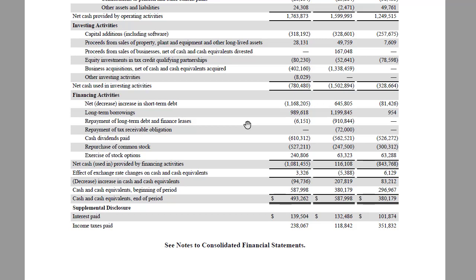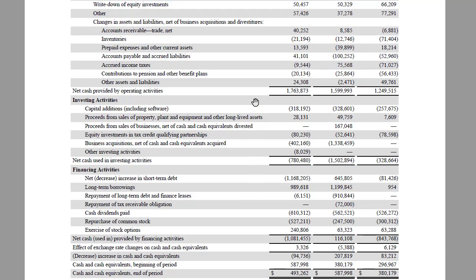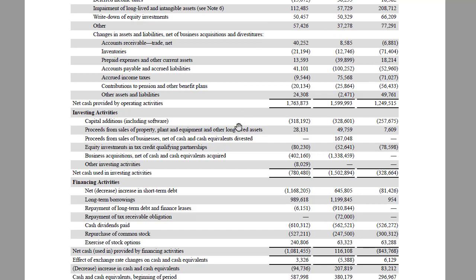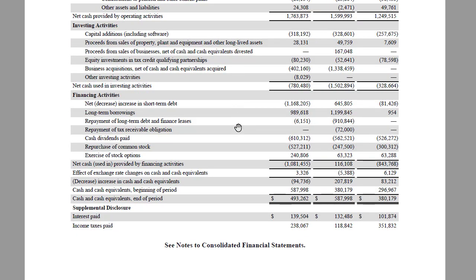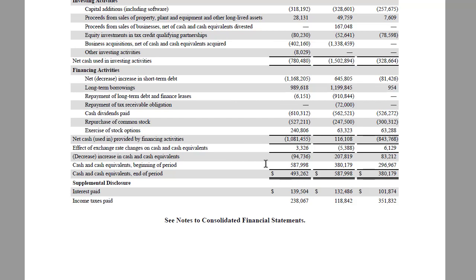And then finally, the financing activities here. You can almost consider these top two as if the business was 100% equity financed. Where is the capital going into and out of this business? And then the financing activities tell you, okay, who's putting up that money? Is it debt? Is it equity holders?